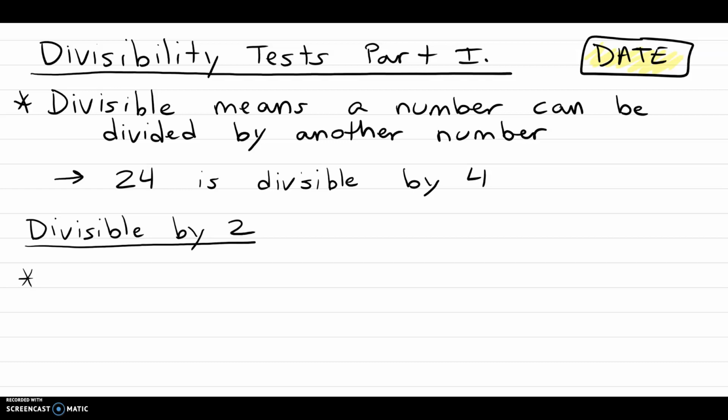So if you're divisible by 2, you look at the ones place. So that's the ones place value in the number that you're considering.